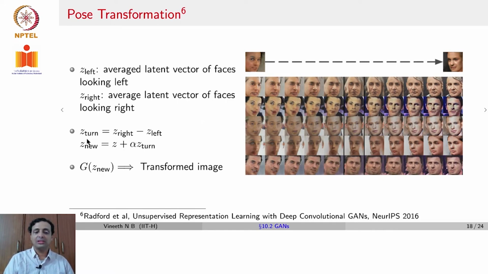Now if you consider Z turn is equal to Z right minus Z left, that's the difference between the extreme vectors, and Z new, which is a new latent sample. Remember, that Z's are all inputs to the generator, is some Z plus alpha times Z turn, and now you provide the Z new to G, you get transformed images with various poses in between the right and the left pose.